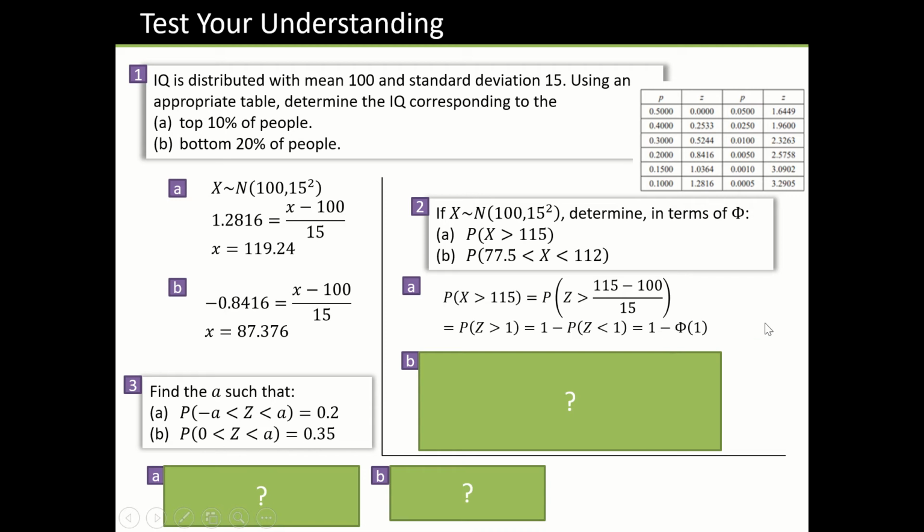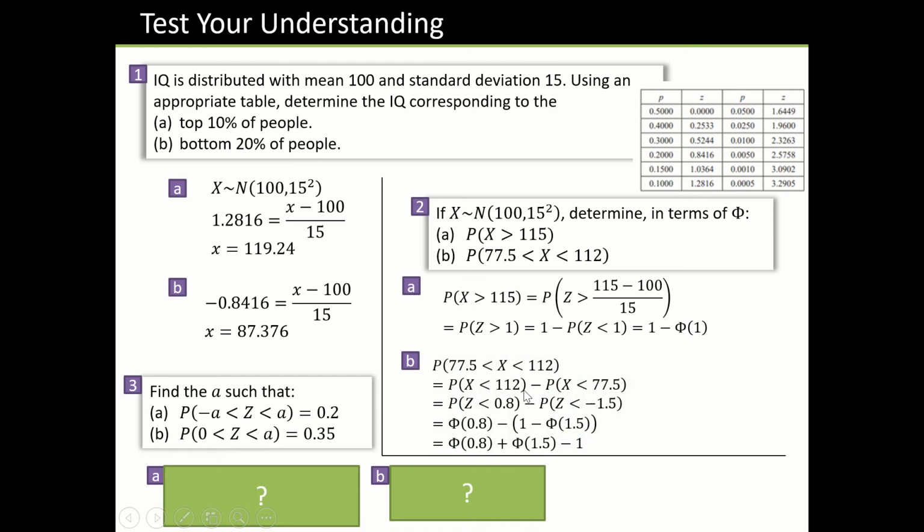Now this next one's a little more complicated. Because we want the in-betweens, it's the same thing as taking the part that is less than 112 and taking away the part that is less than 77.5. This does help if you have a little sketch, and then you can see that everything that's less than 112 except for the part that's less than 77.5. Start by converting it to Z. We then can do the less than.